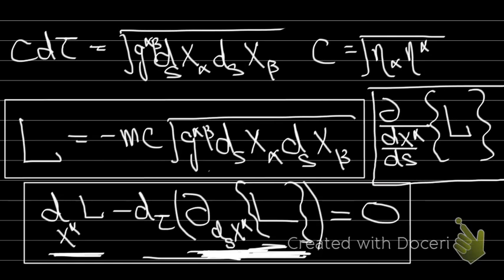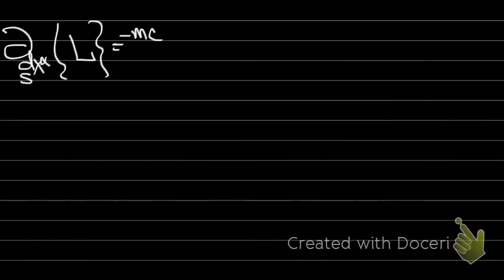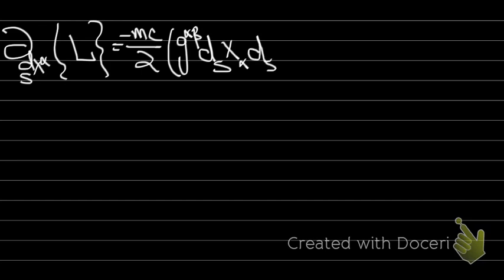So we have this square root over the term that has this derivative with respect to s of our x alpha, right? And so taking the derivative of this whole term, we would get negative mc over 2, right? And the term that is inside the square root, that is g alpha beta, derivative with respect to s of x alpha, derivative with respect to s of x beta, to the power minus 1/2, right?